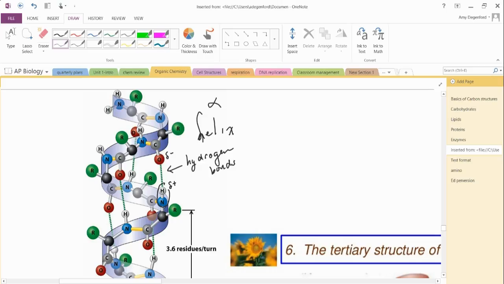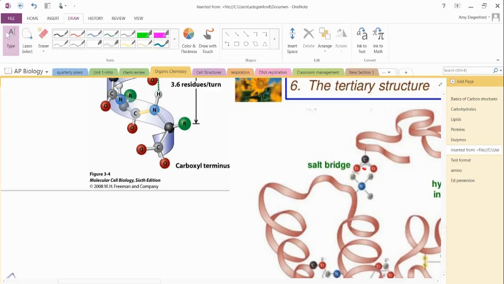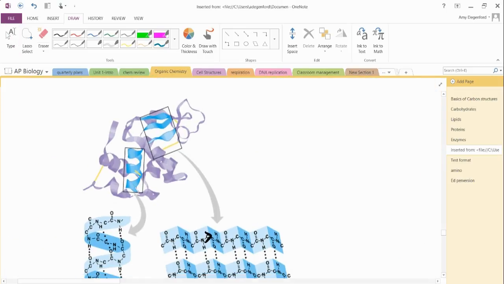And that's what allows them to curl up and form these unique helical structures. Now the beta-pleated sheets, they are also formed with hydrogen bonds, but they form these flatter ribbons and not the curls. But the importance is it's the hydrogen bonds coming from the backbone, and it establishes these really unique structures.